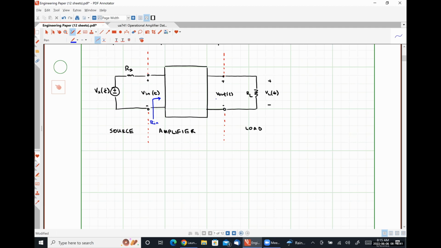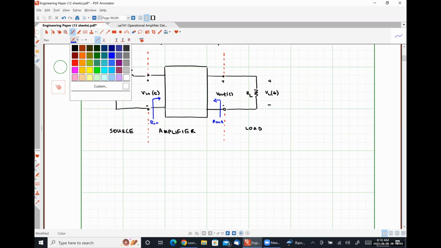If we looked into the output terminals of our amplifier, just using again Thevenin equivalent circuits, we would see the output resistance, and then we know that the amplifier itself is characterized by its gain, A.